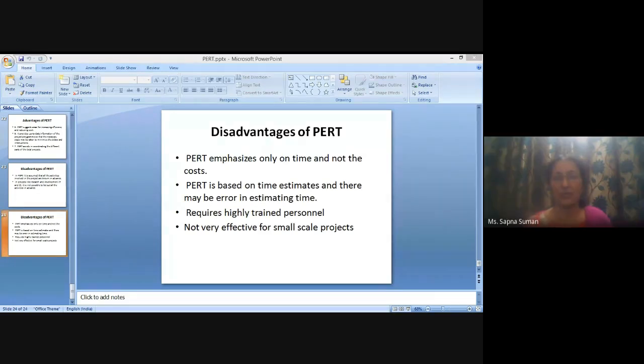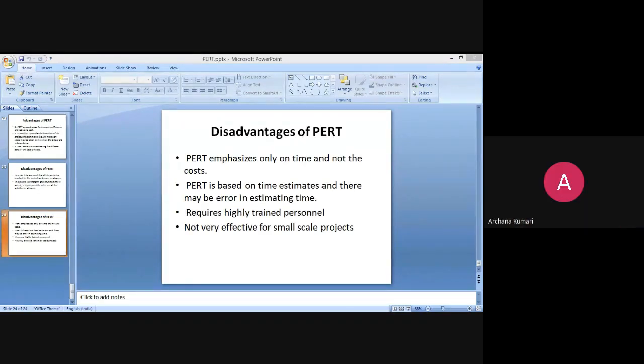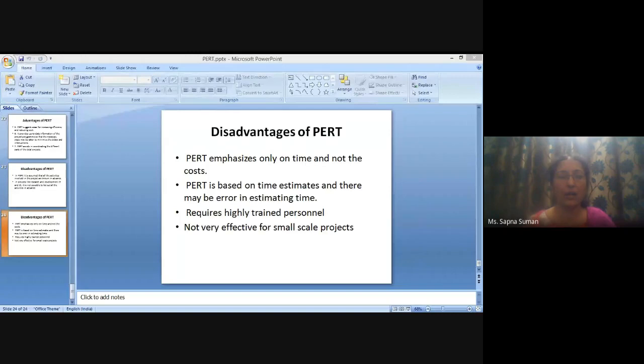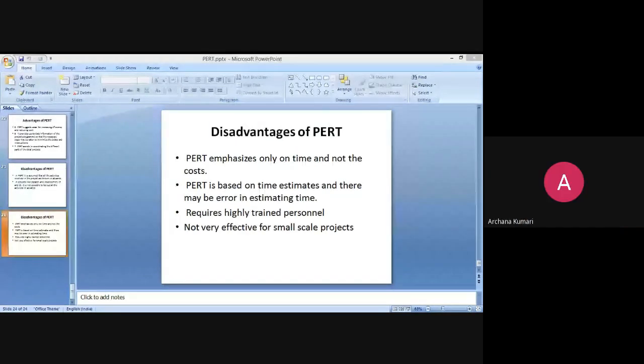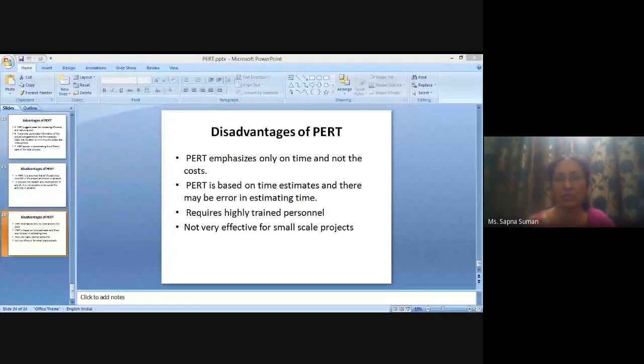Okay, so this is your PERT technique. PERT technique is one of the management tools or techniques, okay, which is basically used for estimation of time. And here we work with PERT charts, also known as network diagram, okay, which has nodes and vectors depicting the various events and the direction of the events.